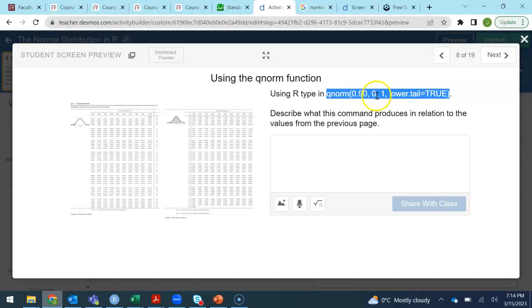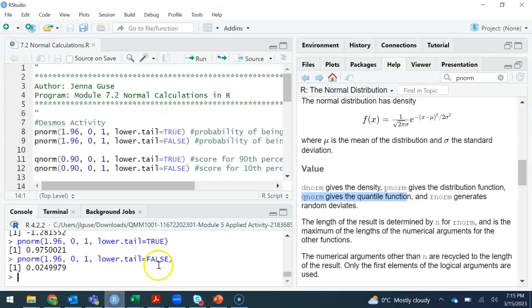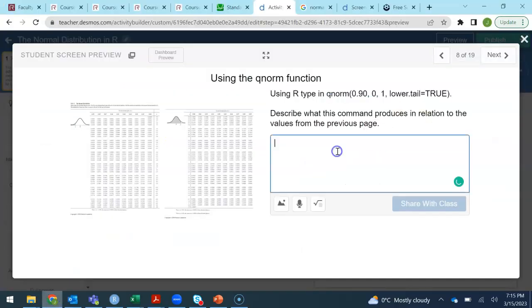Then I've got my mean 0, my standard deviation of 1 for the standard normal, and lower tail true, which is the default. I get 1.281552. qnorm gives the z-score for the given probability or percentile. So for the 90th percentile, the z-score was about 1.28.